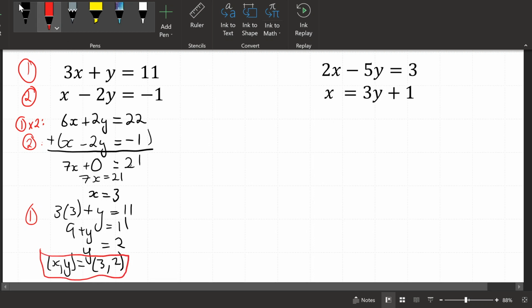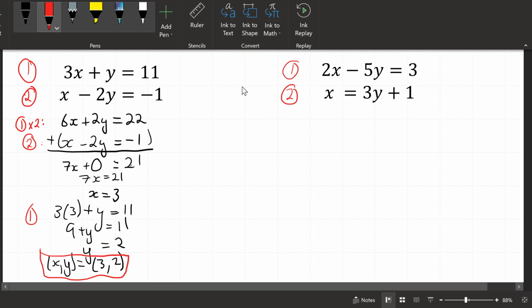Now, let's have a quick look at our next equation here, okay? This one's a bit tough, because now that we're looking at it, the y's are on different sides of the equation. So we're going to need to change equation 2 so that the y's are on the same side. So how would we do that?